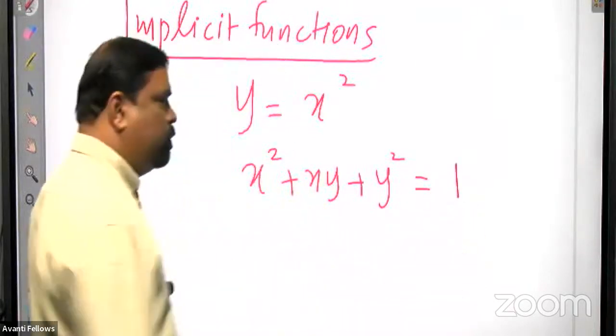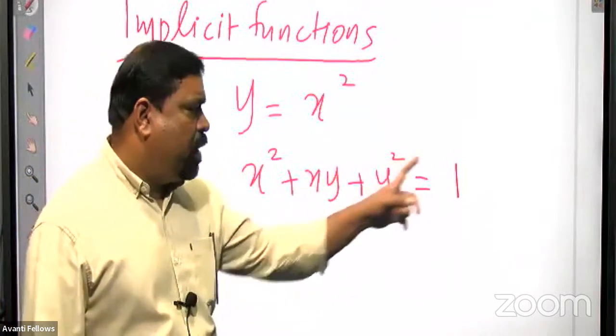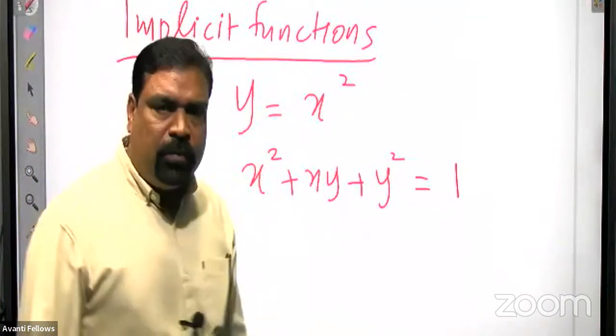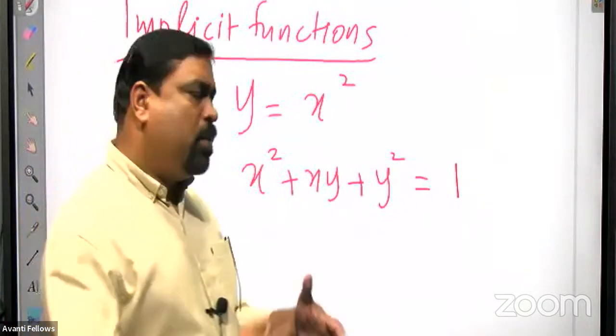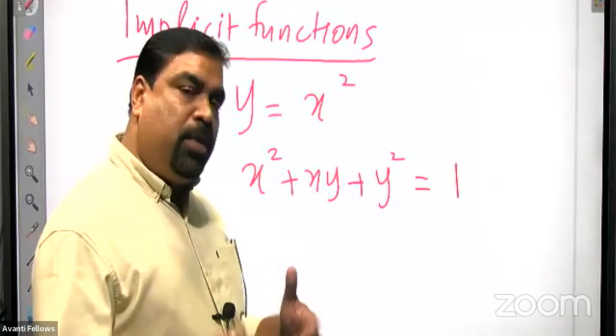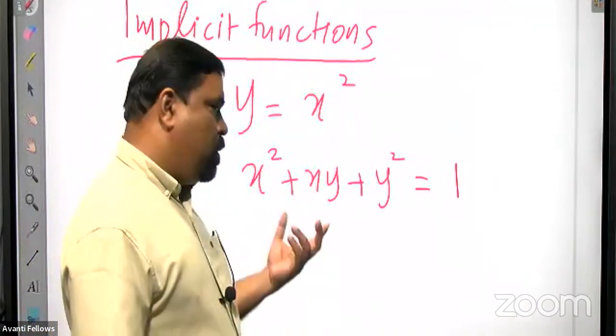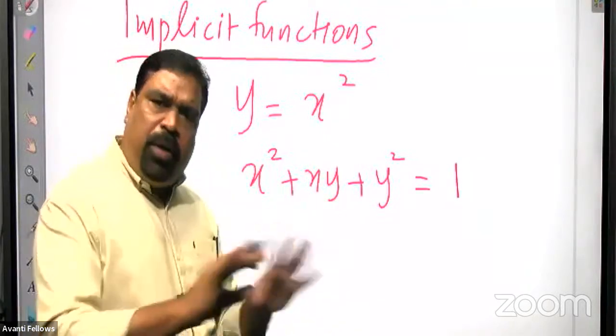For example, x square plus xy plus y square equal 1. Can you separate y and express it in terms of x? Is it possible to express y in terms of x? It's not an easy task actually, so there is no need of doing like that.